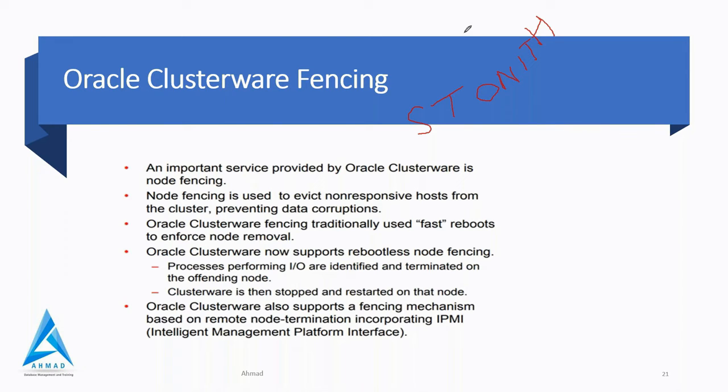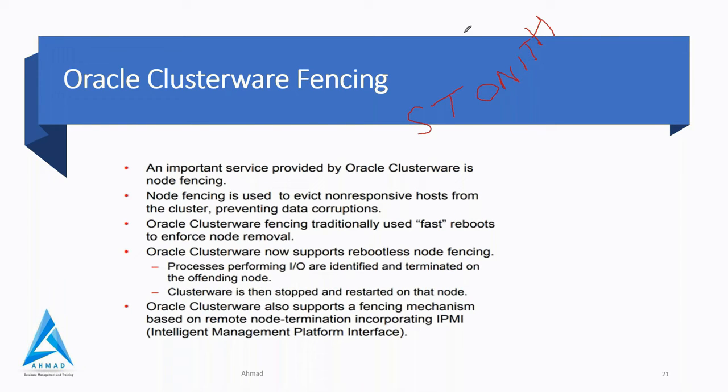In that, when a decision is made to evict a node from the cluster, Oracle Clusterware will first attempt to shut down all resources on the machine that was chosen to be the subject of an eviction. It means whatever node is in the evicting phase, that IO and those resources should be shut down.